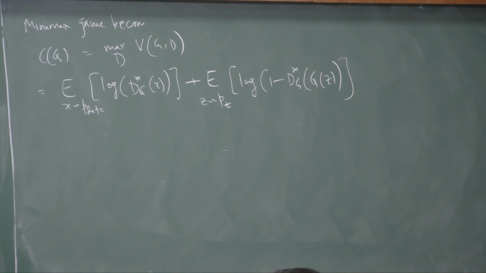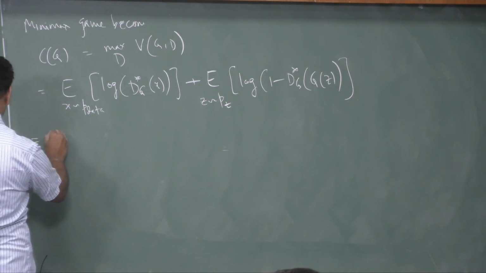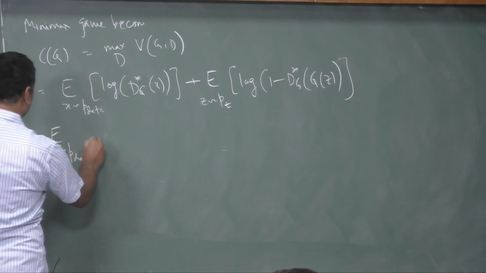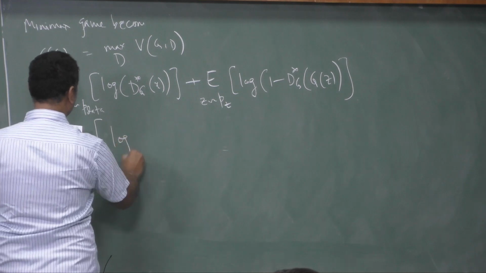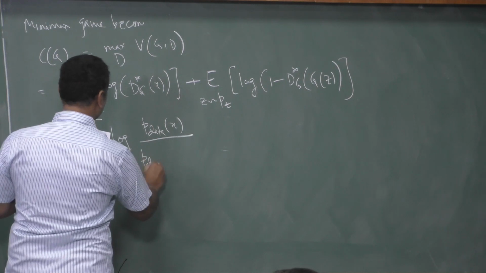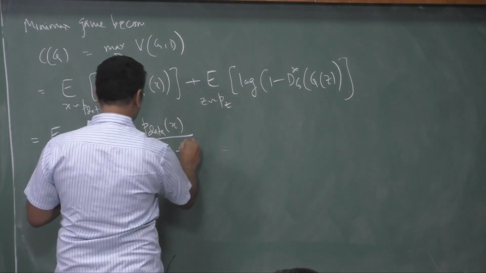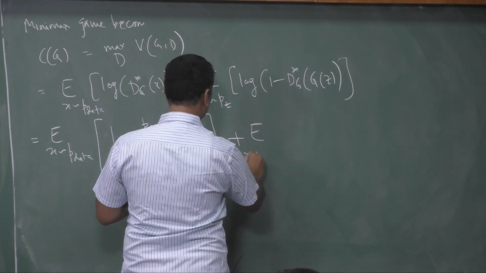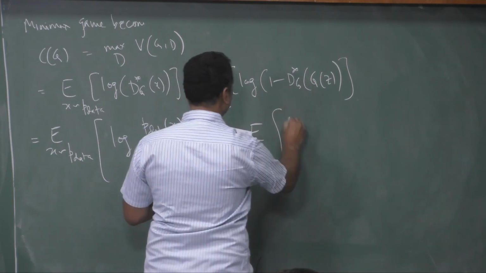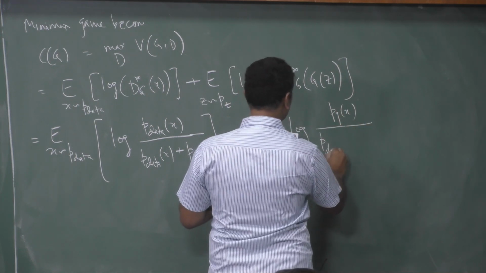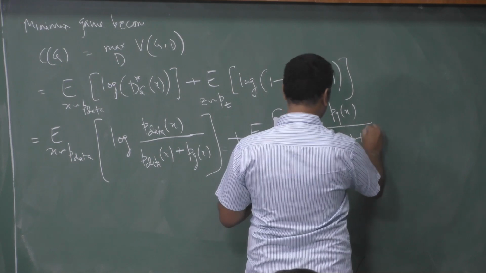So it is maximized for D equals D star, and that's what we are going to substitute now. So this is expectation of x following p data, log of p data x by p data x plus pg x, plus expectation of x following pg, log of pg x by p data x plus pg x.